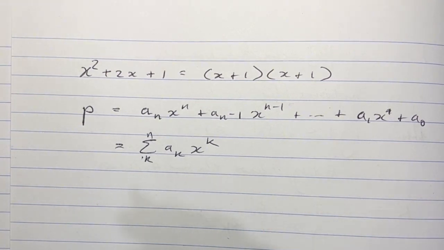The way we're going to do it, again, is with Rouché's theorem, but Rouché's theorem tells us a little bit more than the fundamental theorem of algebra. It not only tells us that there are n roots, but around about where they are.